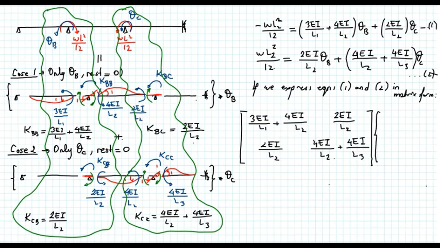I got theta B, theta C, and that's equal to minus W L2 square over 12, W L2 square over 12.